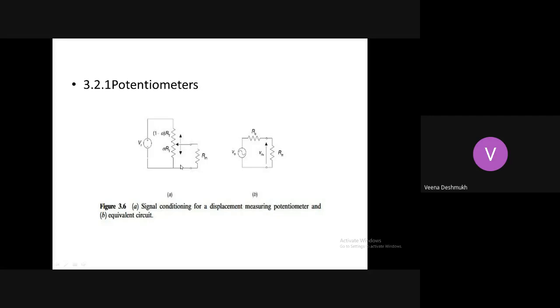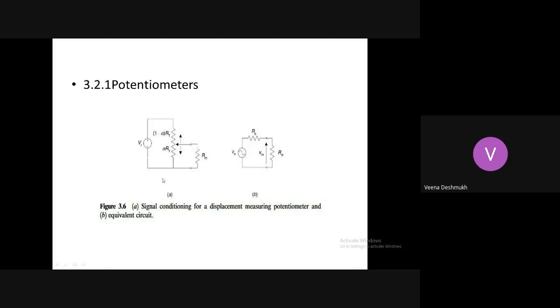So the effective resistance of this circuit will be alpha R1 parallel RM. So whatever voltage VM you measure will be not across RM alone, but across the parallel combination of RM and alpha R1.